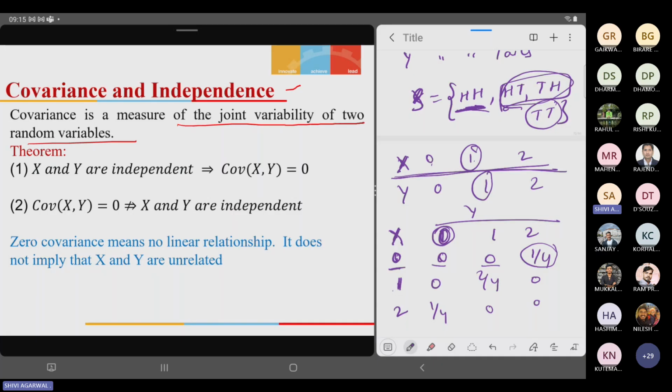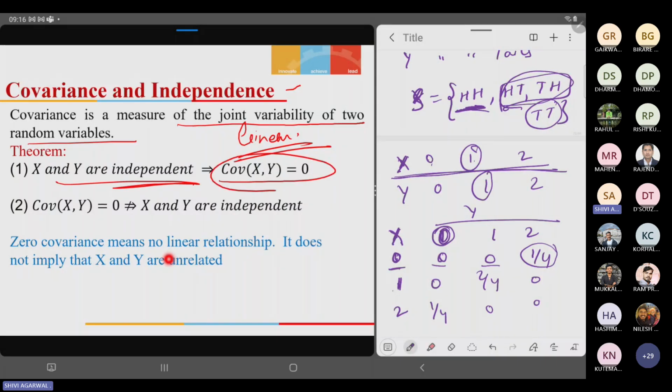Okay. So covariance is basically used to find out the relationship between x and y, whether they are linearly related or not. So the concept is linear. It is very important. So if x and y are independent, then we can say the covariance is coming 0 here.